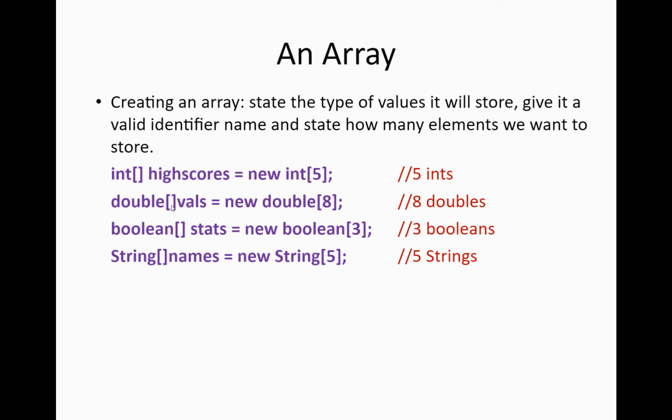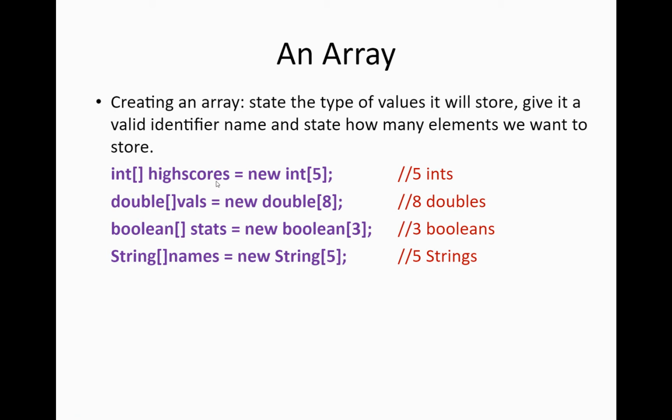Some languages like JavaScript can allow you to mix and match values of different types. But because Java is a typed language, your array can only hold one type of data. So integers, doubles, Booleans, strings. So that's the first thing I want to point out, is that you have to declare what type of values will be held in that array.